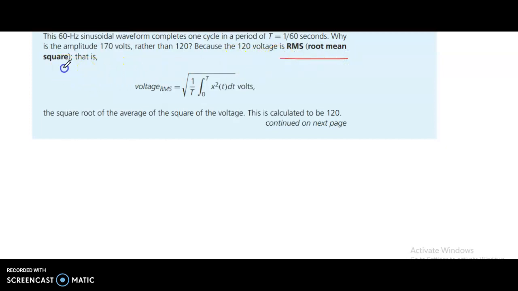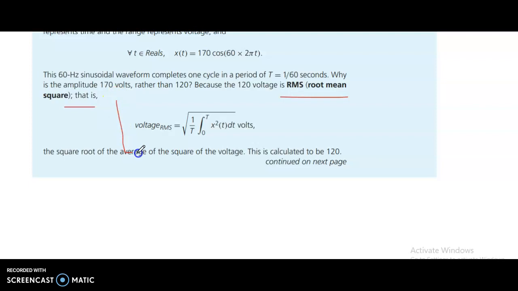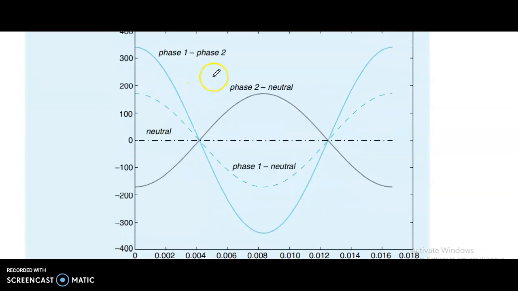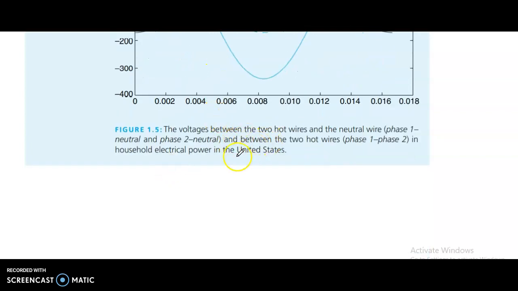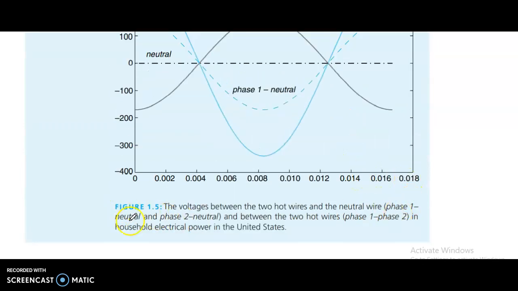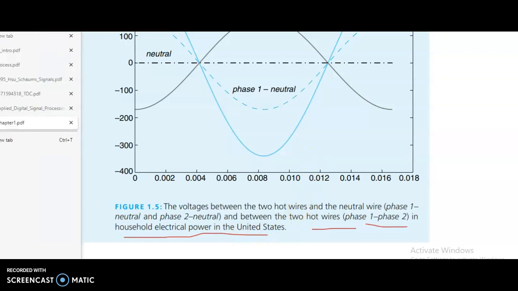RMS, root mean square value, that is voltage RMS equal to the root of 1 by T integral over 0 to T of s squared of t dt, in volts. Here are the voltages between the two hot wires and the neutral wire, phase 1 neutral and phase 2 neutral, and between the two hot wires, phase 1 phase 2, in household electrical power in the US.